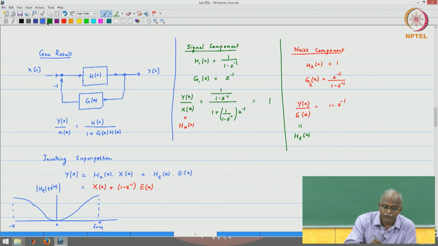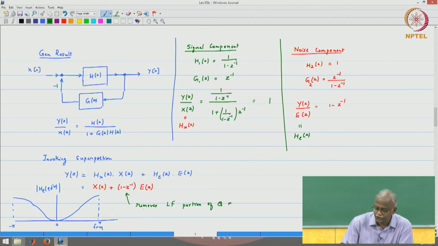Okay. So, the insight is that this type of a transfer function removes the low frequency portion of the quantization noise. Okay.